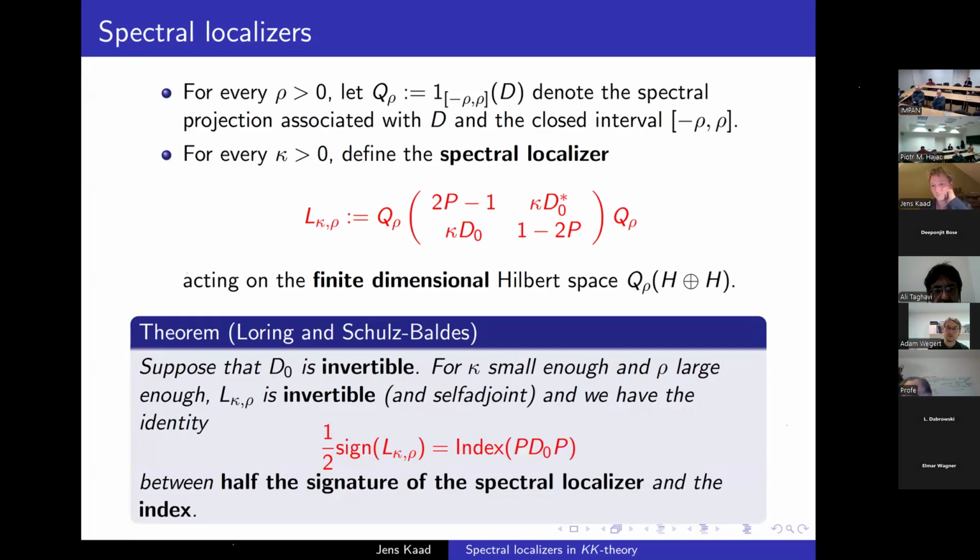Since the index is always an integer, the half of the signature being the index means that the signature is always even, and I don't know whether it is somehow clear that for large rho and small kappa it would be the case. It's not something that you can see straight away. Actually, if D naught had a non-trivial index, then this theorem would be false as it stands. Okay, so in particular the signature need not be even. Okay, thank you.